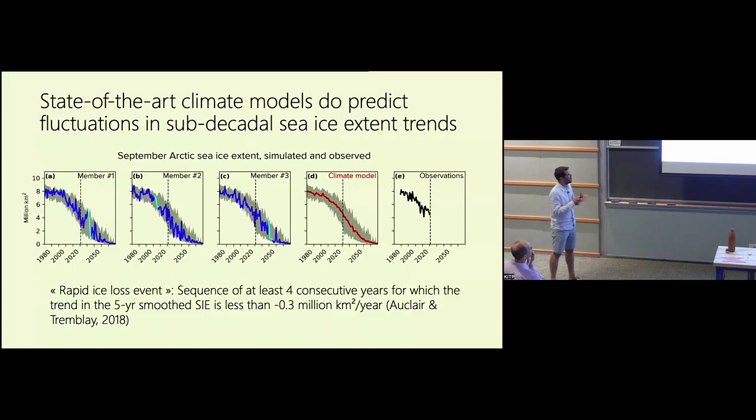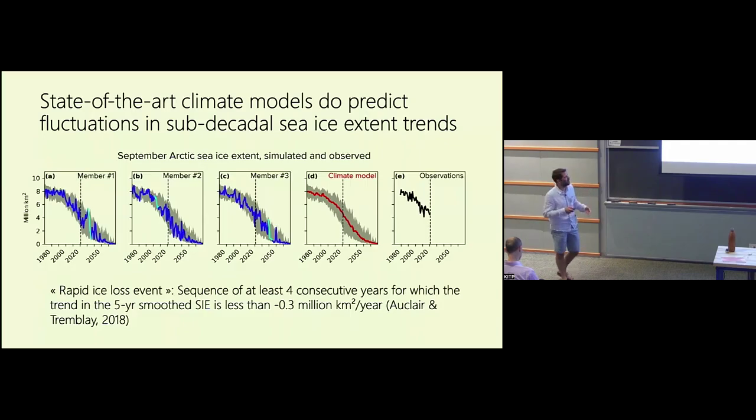This is a term that I think was introduced by Marika in 2006, abrupt sea ice decline. These are events where the sea ice extent decreases much faster than the forced trend, and where you could lose a significant share of the mean state in a couple of years.